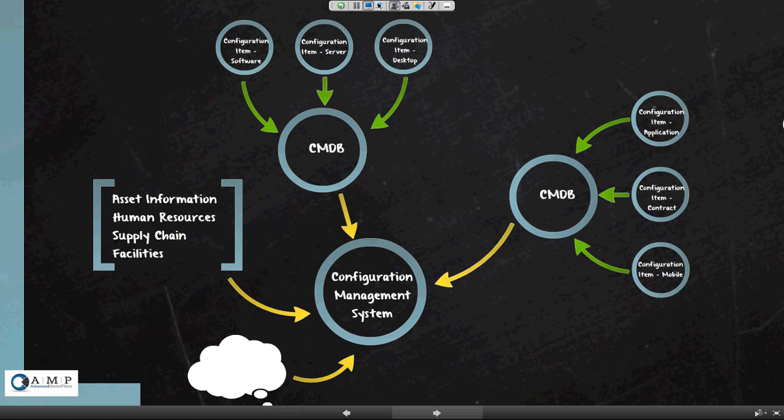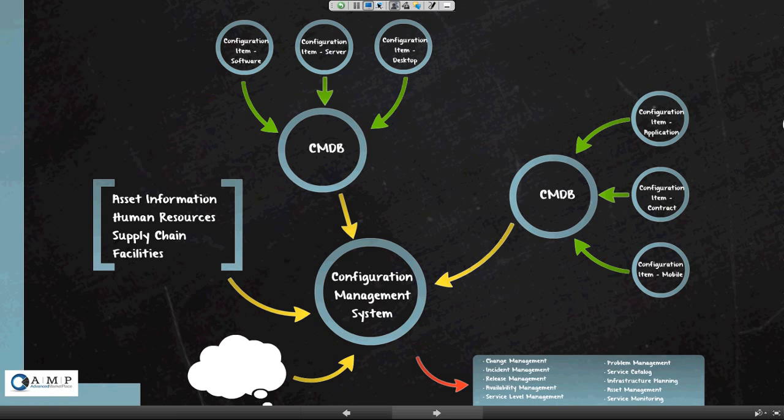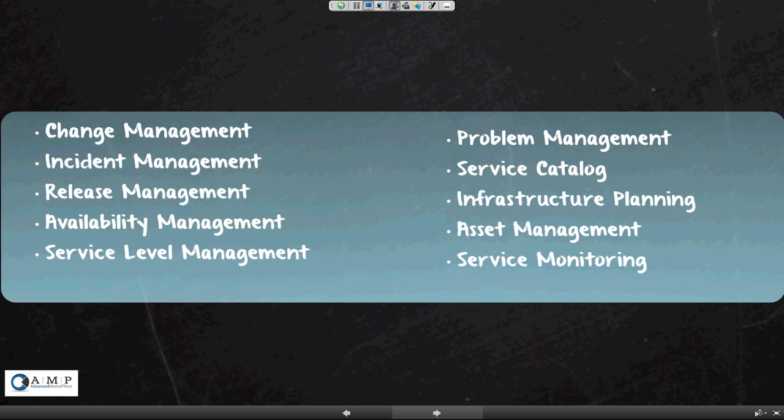We throw in the onset of cloud services, and now your data is not even at your place anymore, it's somewhere else. And all of that hodgepodge of information basically has to go, and what everybody tells you is, well, this data's got to help make sure change management goes smoothly and help me resolve incidents more quickly.